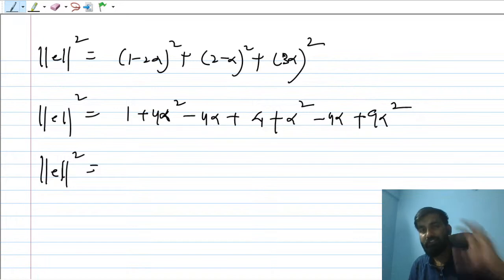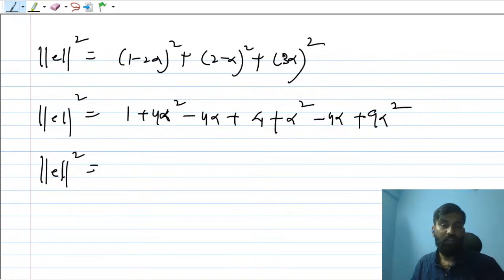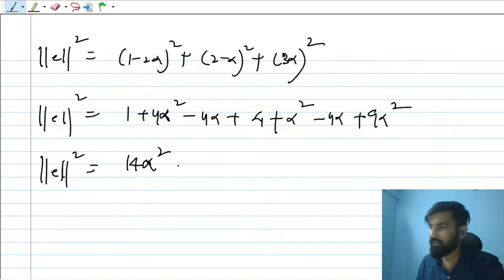I hope if you understood the concept, you can solve the question. If you did not understand the concept, it takes time to digest and solve it. So here we are solving confidently. You can see here, you can further resolve this, so it will be 14 alpha square minus 8 alpha plus 5.